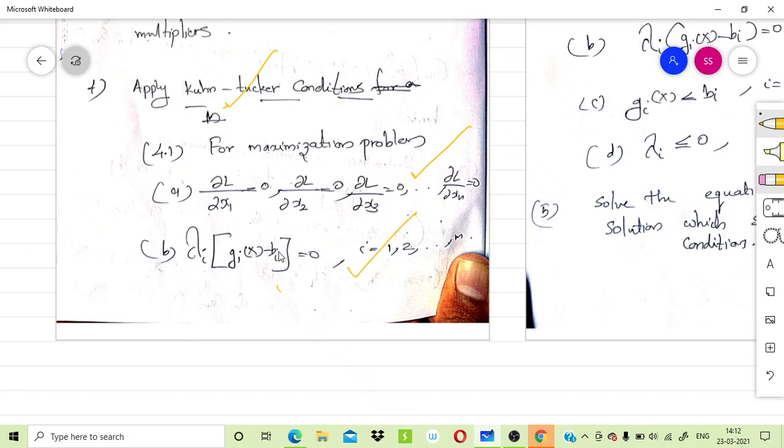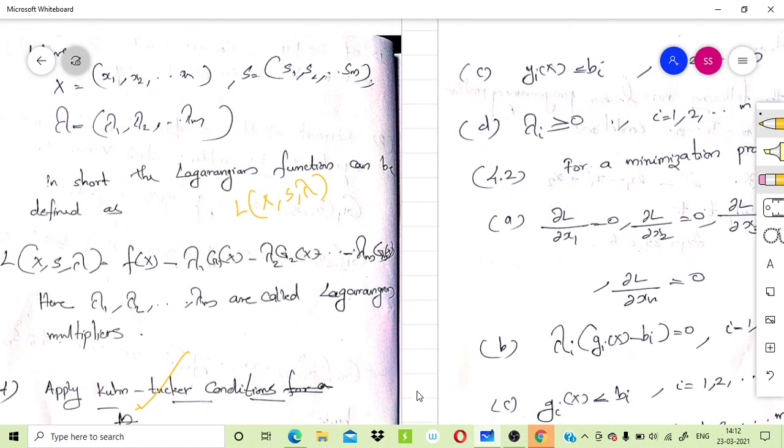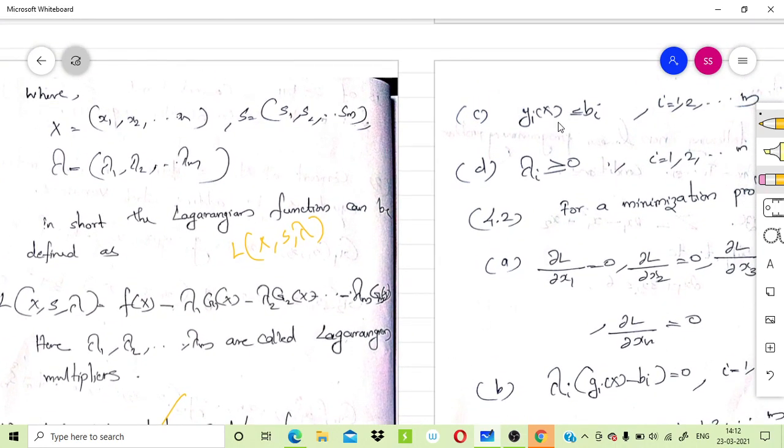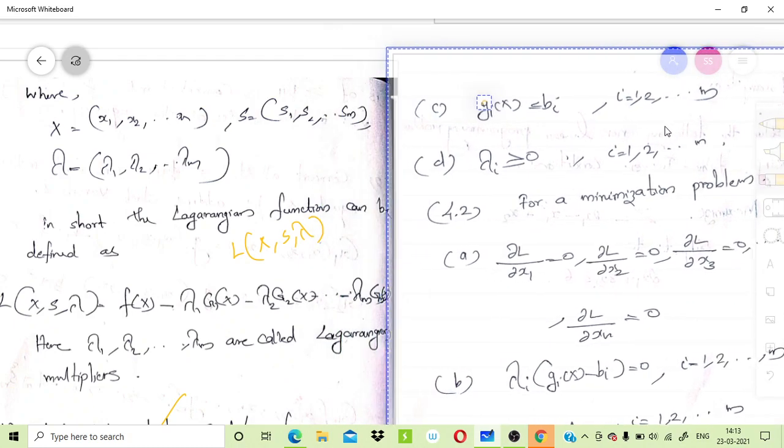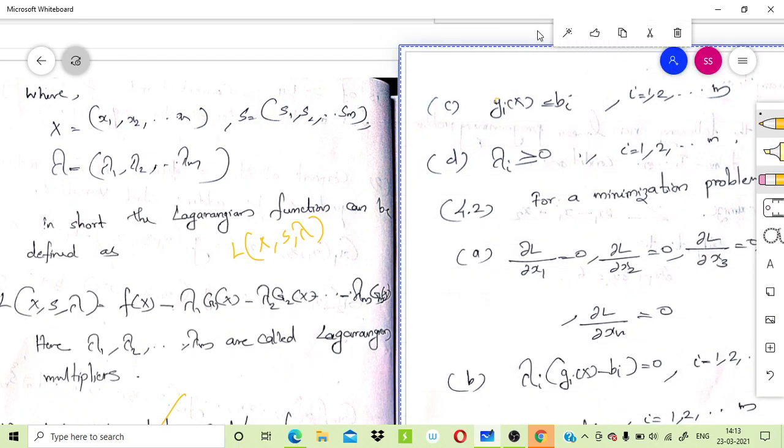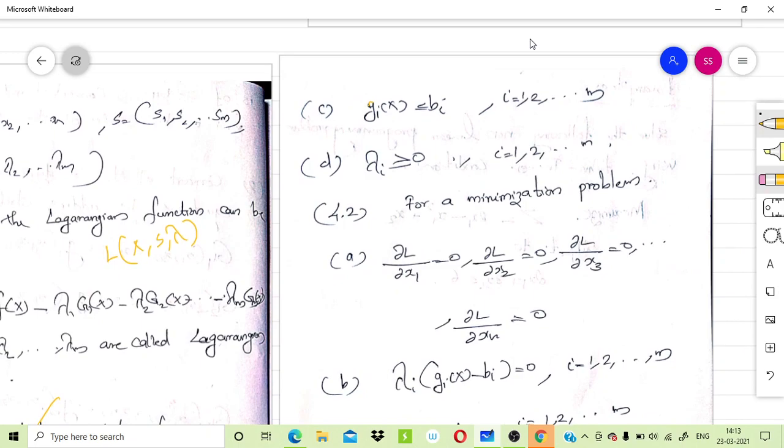Then we have gi of x less than or equal to bi for every i ranging from 1 to m.